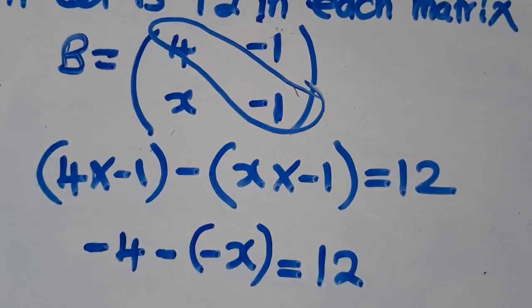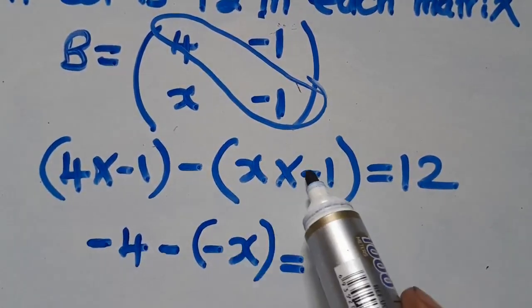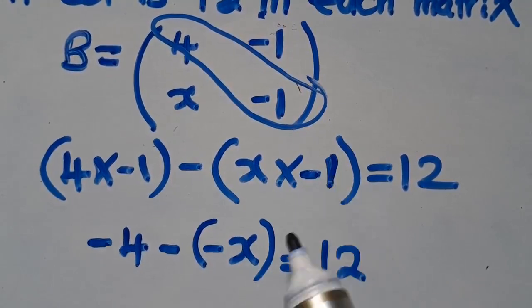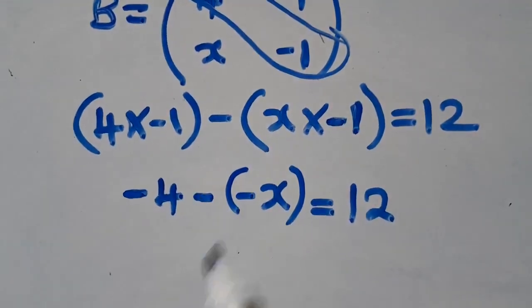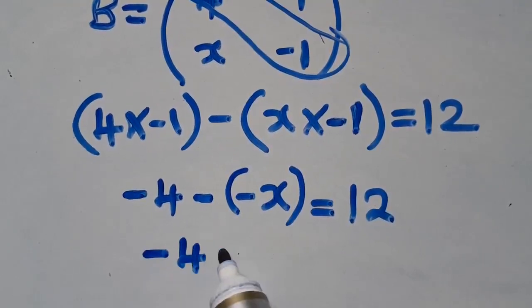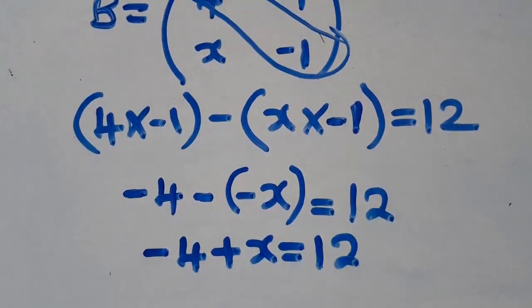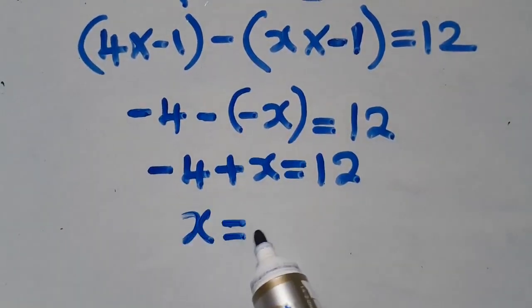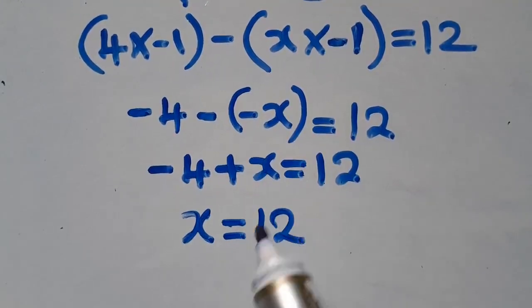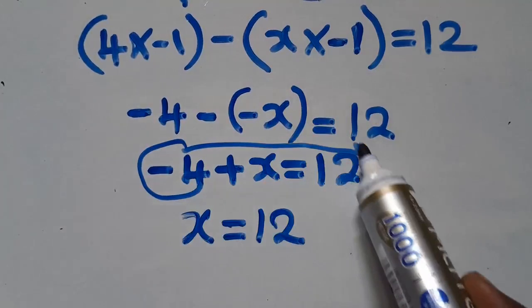This is what you're going to have. You cannot tell me it's negative 1x. I've just told you that we don't write 1x. Just say x or negative x. The negative and the negative will add. Negative 4 plus x is equal to 12. After you do this, you group the like terms. So x is equal to 12, and the 4 goes to the other side of the equation.